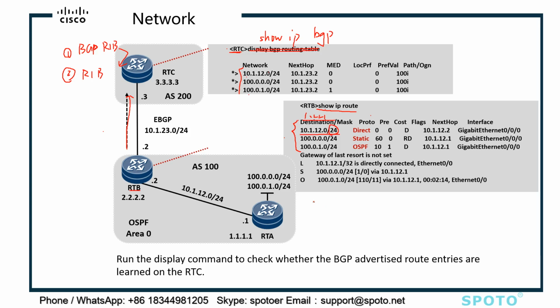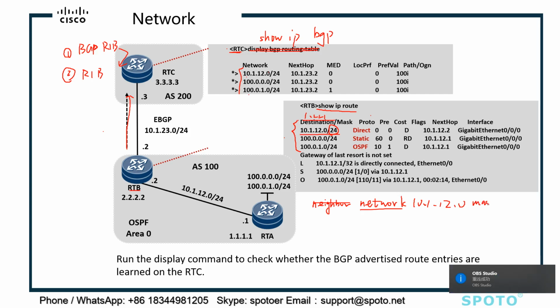If you want to advertise this route, you can use the command network, and the network segment is 10.1.12.0 with the mask length. In this command, we set the mask length to 24.